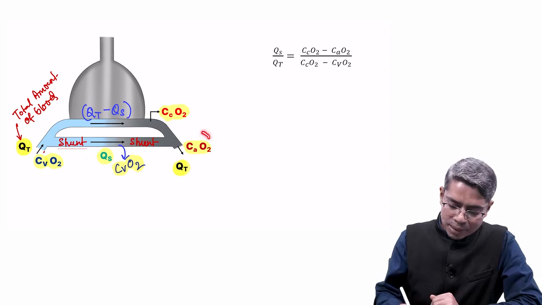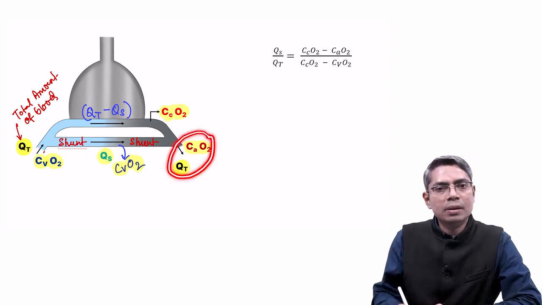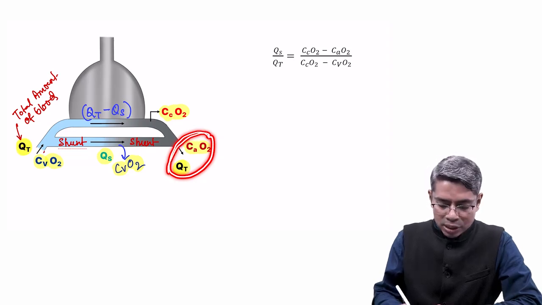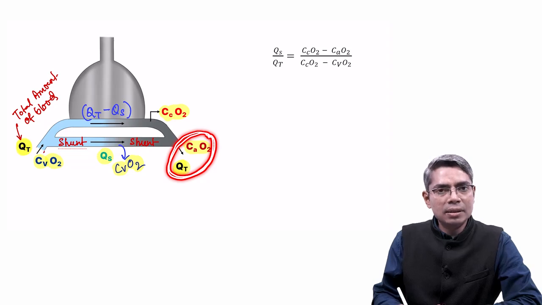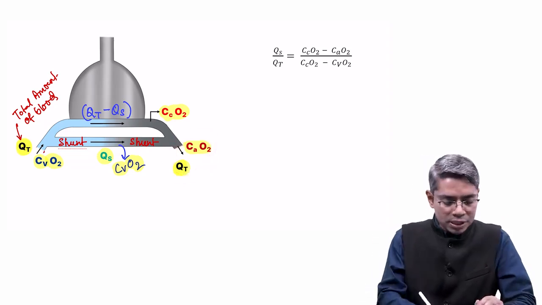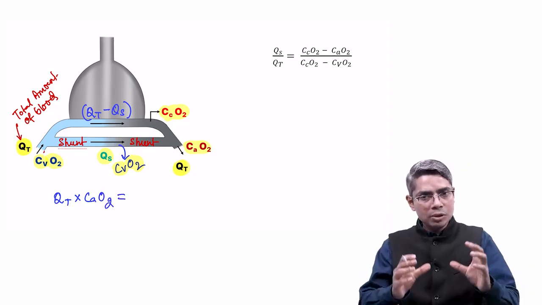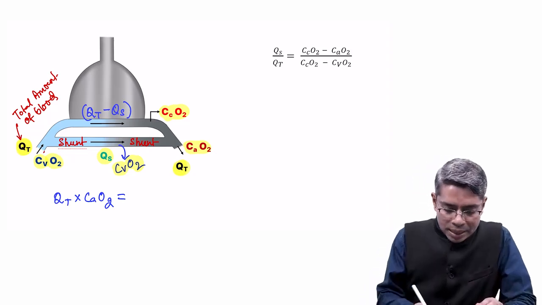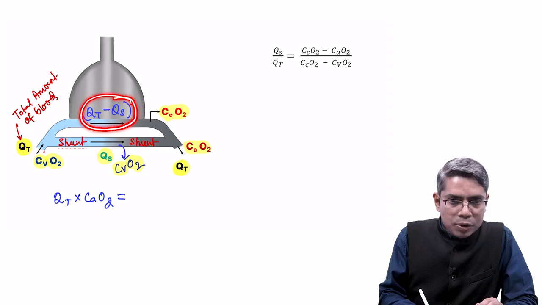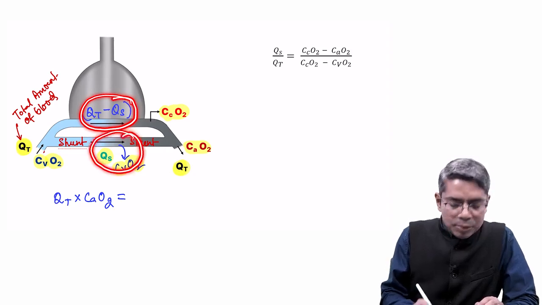If I multiply these two, content of the arterial blood oxygen multiplied by the total amount of blood that is coming here, I will get the total amount of oxygen. Okay. So I am writing here QT times CaO2. So this is the total amount of oxygen. It will be equal to the amount of oxygen that is absorbed here and the amount of oxygen that is coming through here.